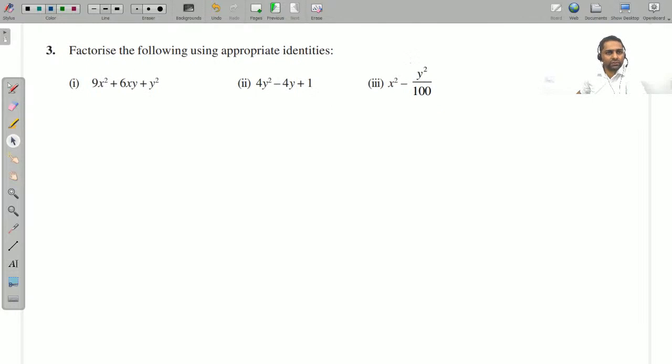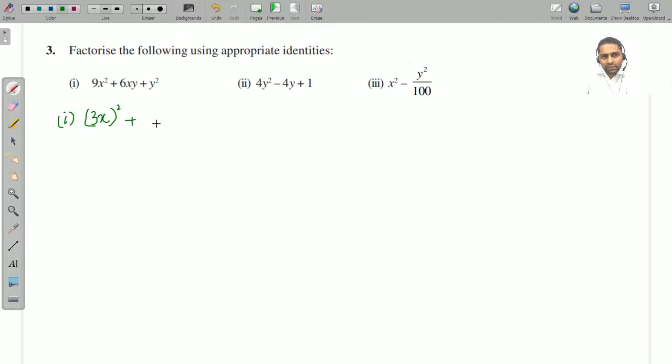Factorize the following using the appropriate identities. So you have to basically identify which identity we can apply over here. Okay, for example, in this case, you can see 9x square can be written as 3x whole square.